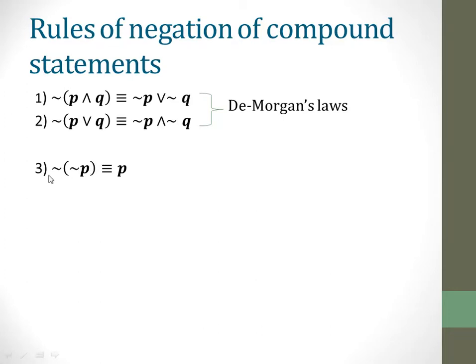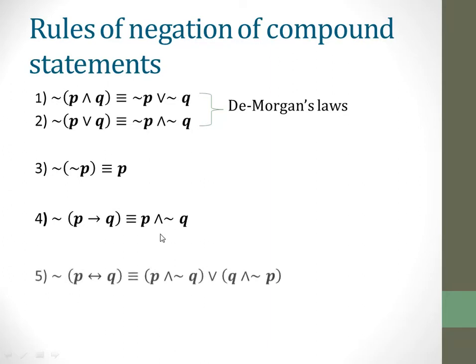Next one is negation of negation P is equivalent with P. It is called negation of negation. Then the fourth one is negation of P implies Q is equivalent with P and negation Q. This is the negation of implication.